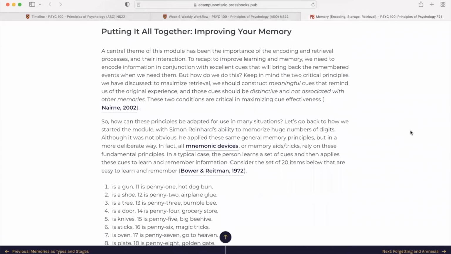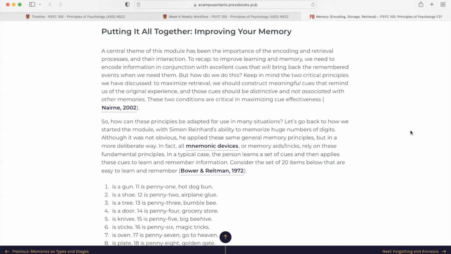Putting it all together, improving your memory. A central theme of this module has been the importance of encoding and retrieval processes and their interactions. To recap, to improve learning and memory, we need to encode information in conjunction with excellent cues that will bring back the remembered events when we need them.